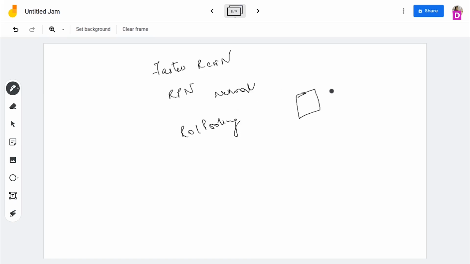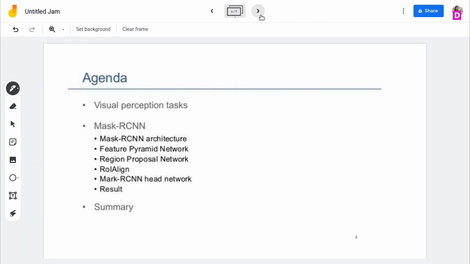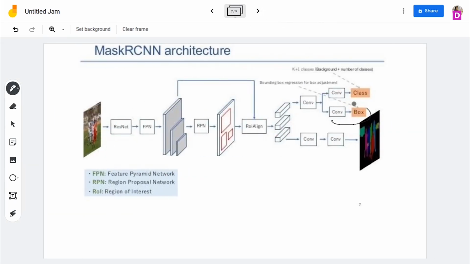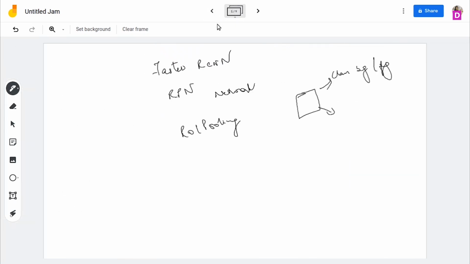Once you had that, they were classified into two classes. The first class gave out whether it is background or not background, and the other gave out the outputs of the bounding box. So this was the whole structure of faster RCNN.